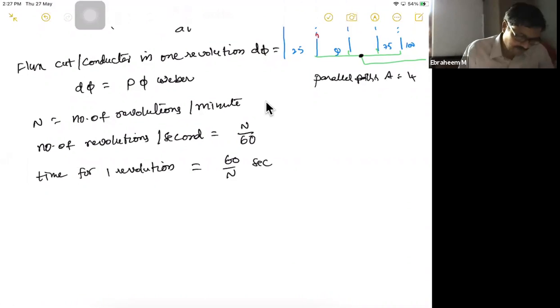Okay, time for one revolution is equal to 60 by n seconds.